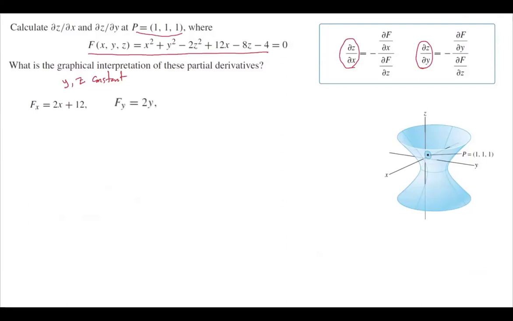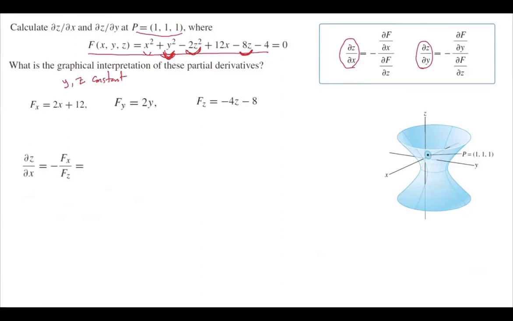Partial derivative with respect to y, out of all of these terms, we only have one y, which is the y squared term. So you get 2y out of it. And for the partial derivative of f with respect to z, you have negative 4z minus 8, because your z terms are just here and here. The rest are constants.